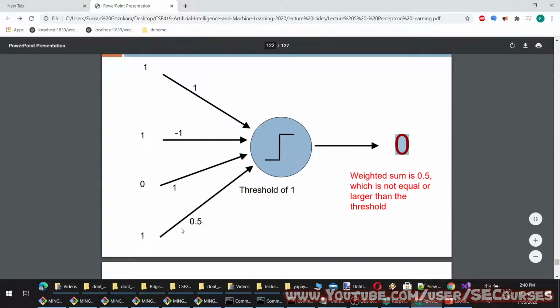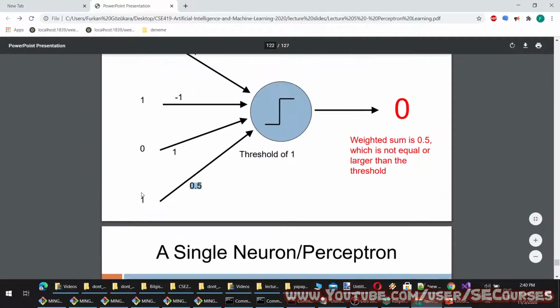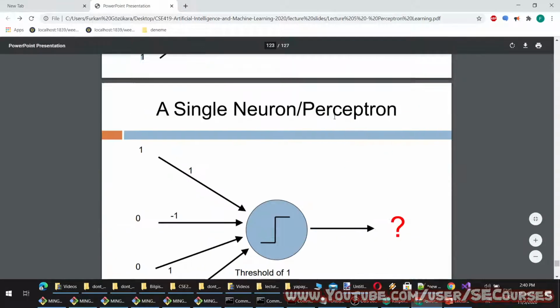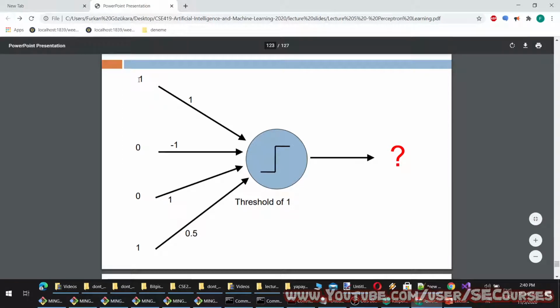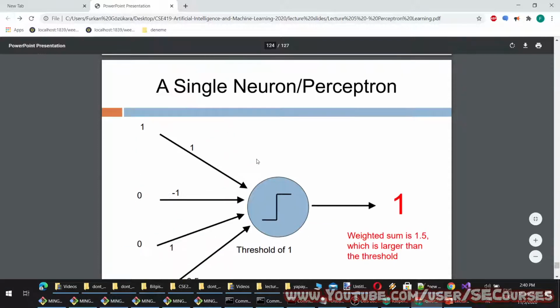If we increase this one to 1, or increase this input to 2, it would fire. In this case, it is 1 plus 0 plus 0 plus 0.5, so it is 1.5, then this one fires.